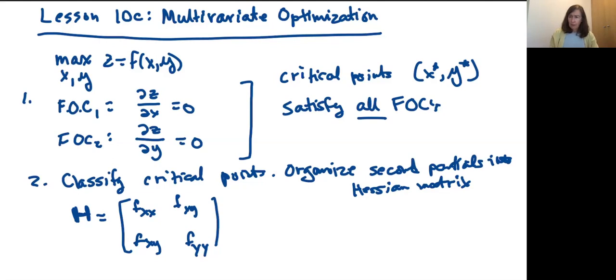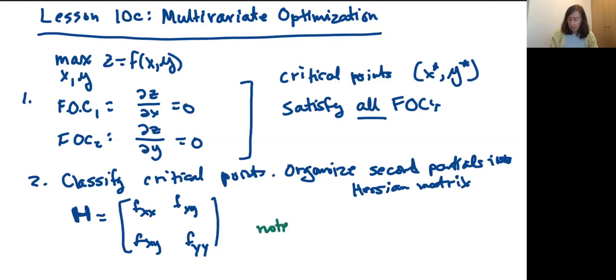Is there anything else I want to say about the Hessian? One other point I want to make before we go and actually say what you do to the Hessian to classify those critical points. The Hessian is that matrix of second derivatives, so they're going to be potentially functions of x and y themselves, but just as we can evaluate any derivative at any particular point, we can do that for the Hessian too.